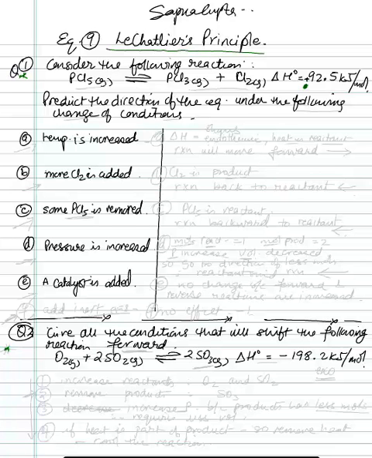Predict the direction of the equilibrium under the following change of conditions. We have to look through all of these conditions and see what happens to the equilibrium. The first one is the temperature is increased. To see the temperature change, you have to see the delta H. Delta H says that the reaction is endothermic, which means that heat is a reactant.